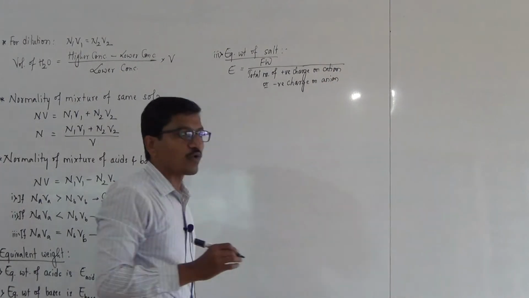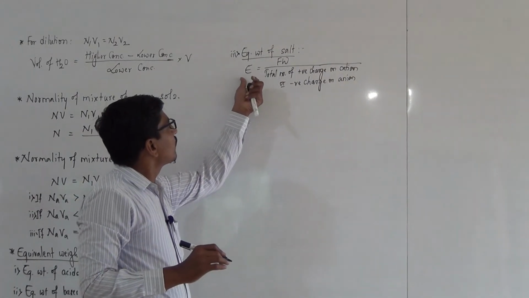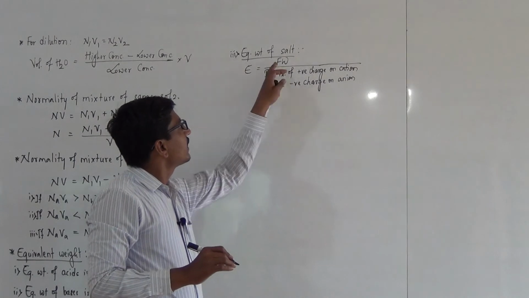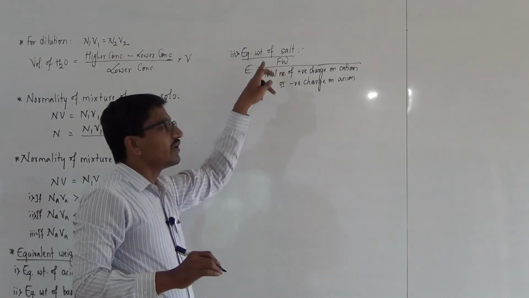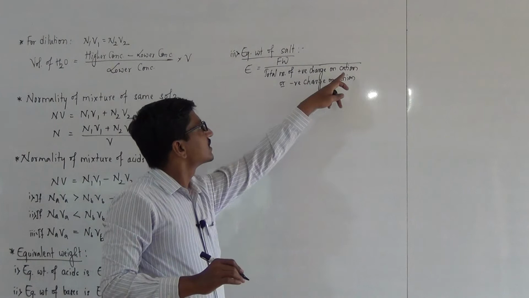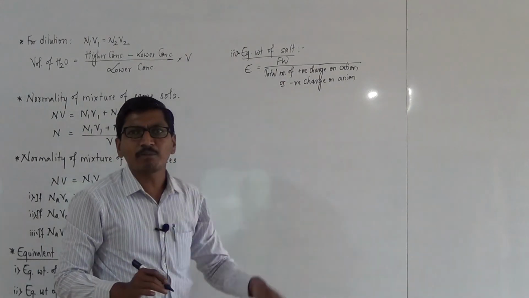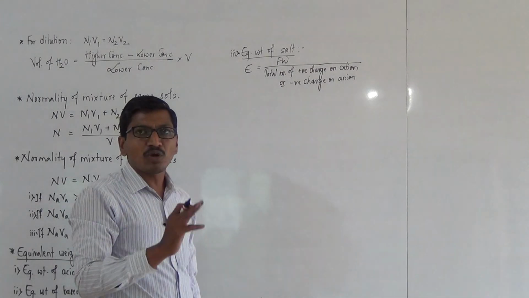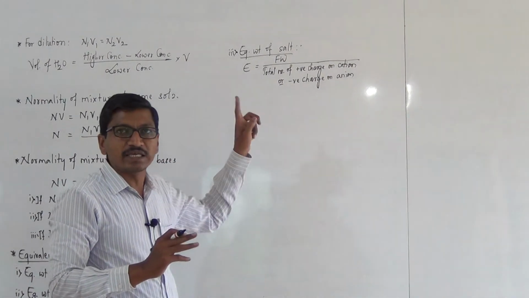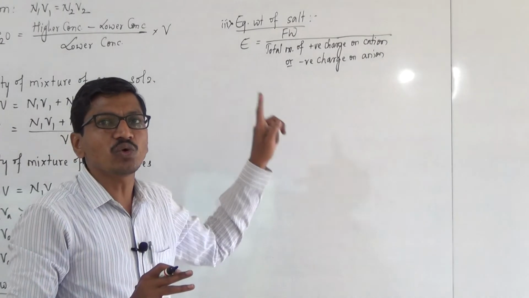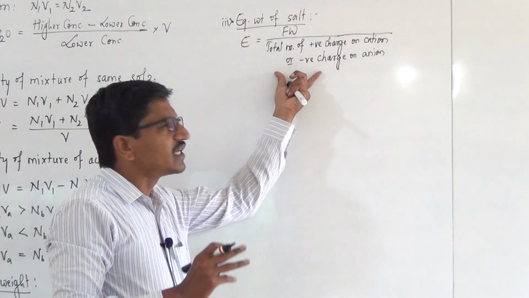By using this formula, the equivalent weight of salt can be calculated. For example, NaCl: total number of positive charge is 1 and negative charge is also 1, so we consider only 1.